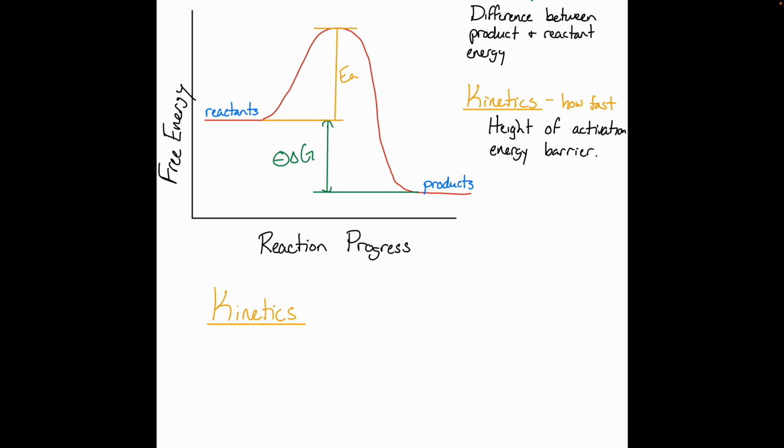Right, a small activation energy barrier is a fast reaction. A large activation energy barrier is a slow reaction.